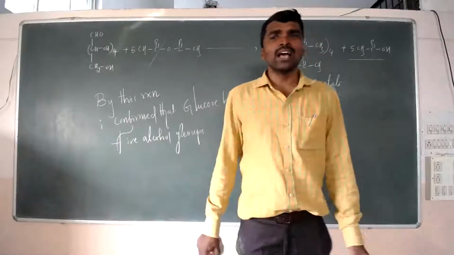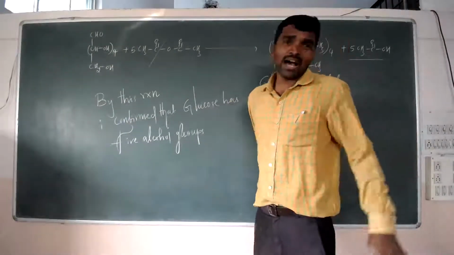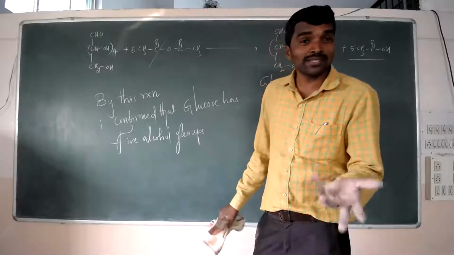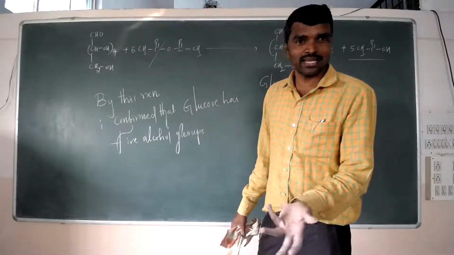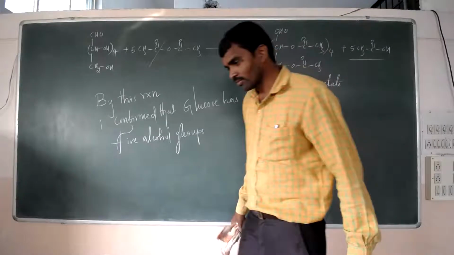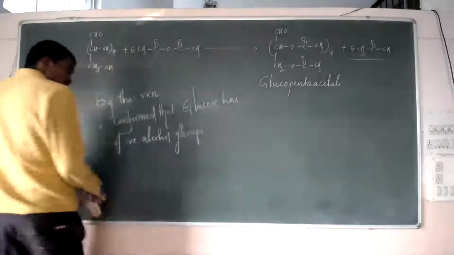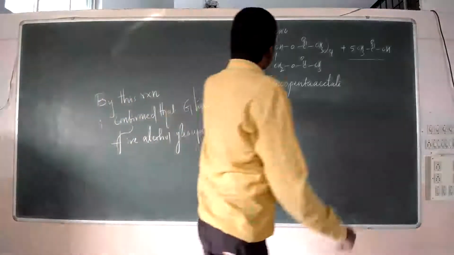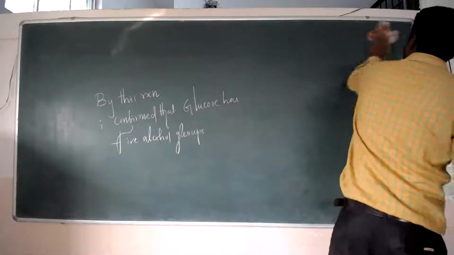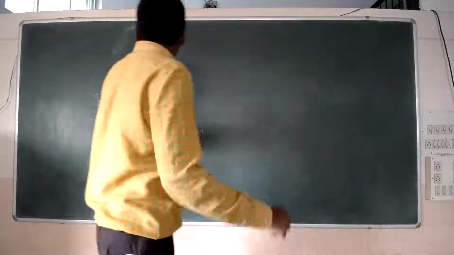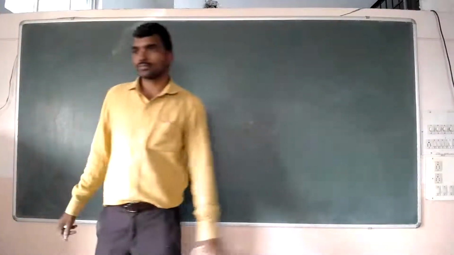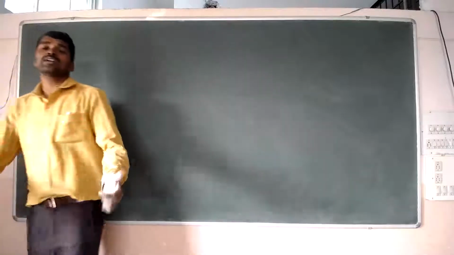Glucose has 5 alcohols. Are all primary? All secondary? All tertiary? What type of alcohol is present, sir? That is also important, right? Yes. Now, sir, how can you confirm?